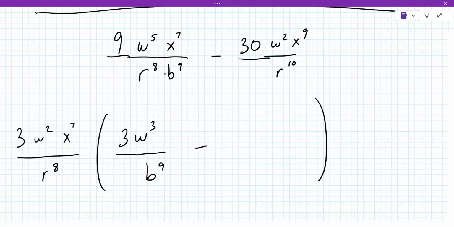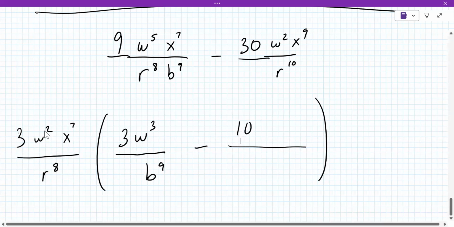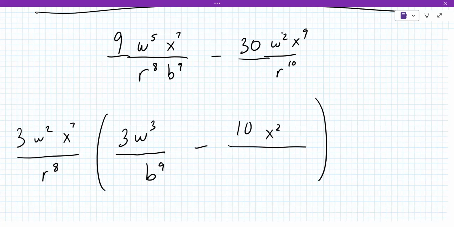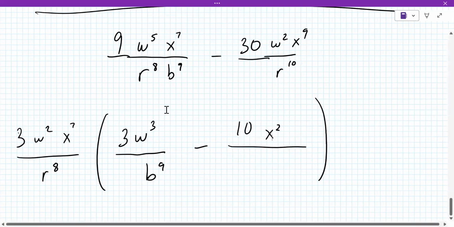Good. Keep going. Minus, it's 10w. So you already have a w squared though. Oh, the w cancels with that w, so is it just 10x squared? And what about on the bottom? Over r squared? Yes.